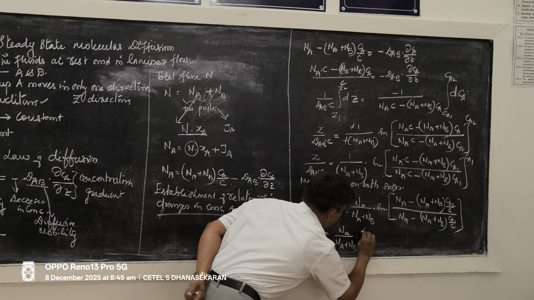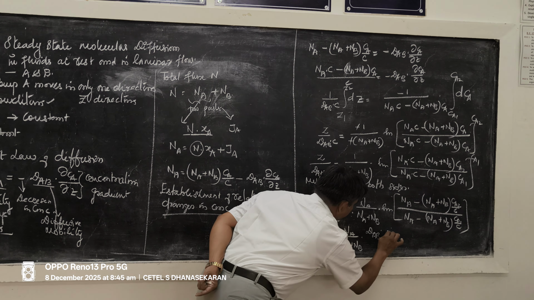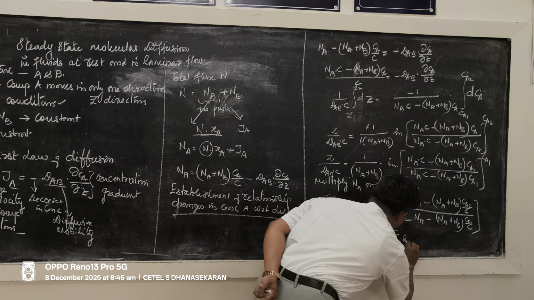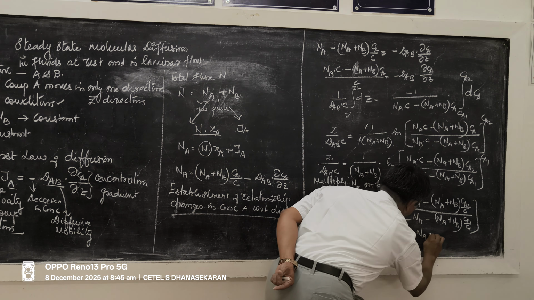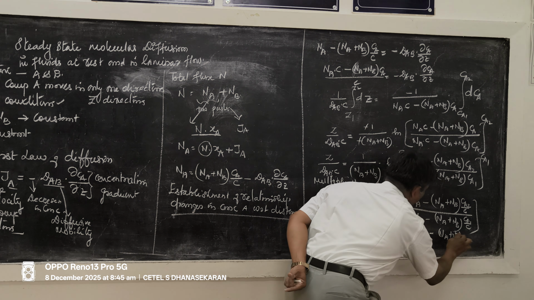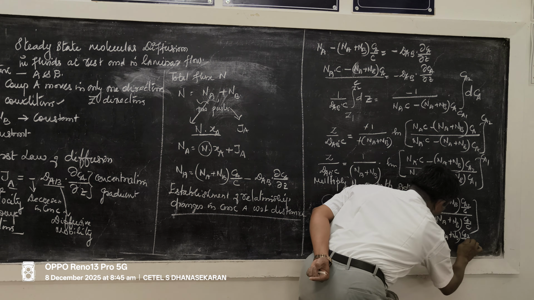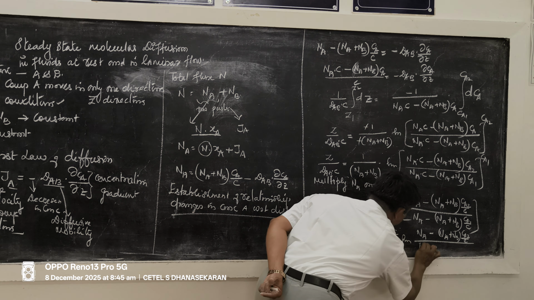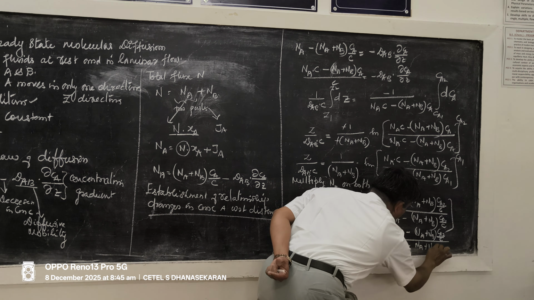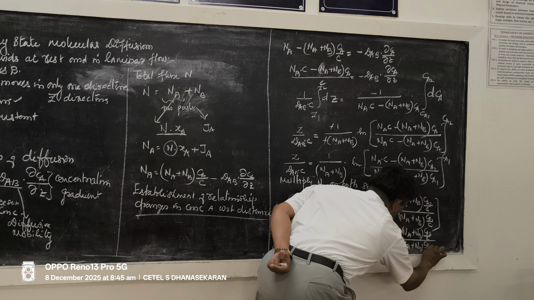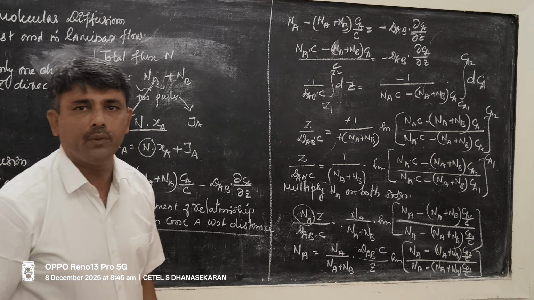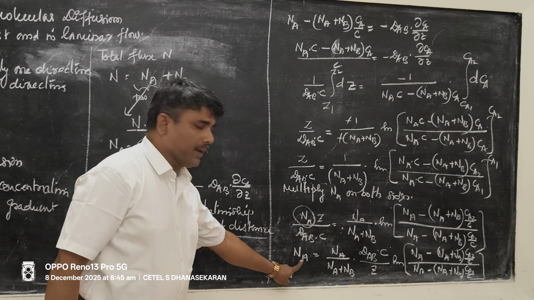Next, DAB into C divided by Z. Next, ln of (Na minus (Na plus Nb) into Ca2 divided by C) whole divided by (Na minus (Na plus Nb) into Ca1 by C). Clear? This is the final equation for flux of A.